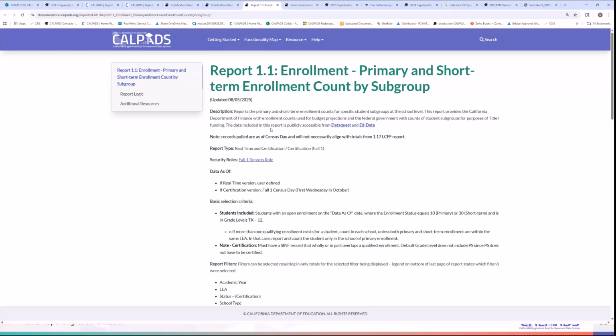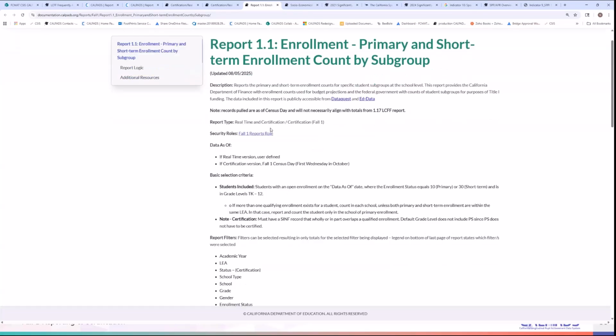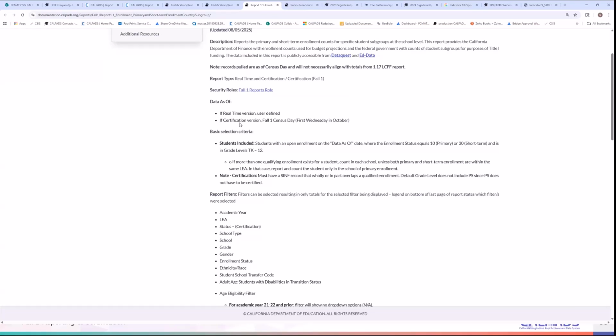There's always a report description at the top of the mapping guide. There's an as of. So if it's a real-time version, you define the as of date or the as of period. If it's a certification report, it's reflective of Fall 1 Census Day. It tells us the students who are included.